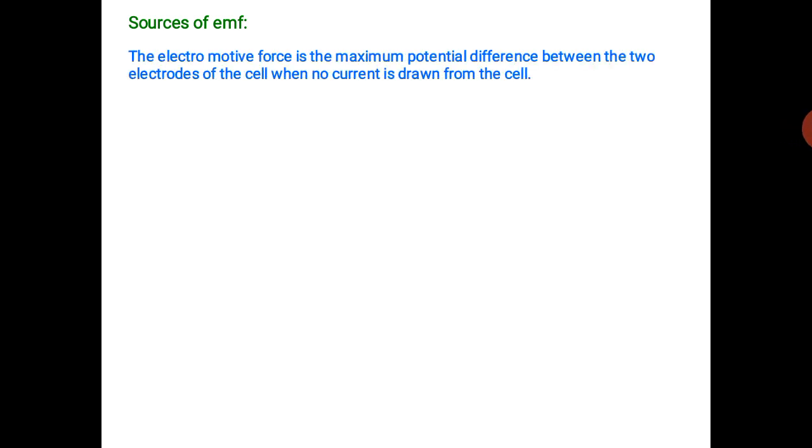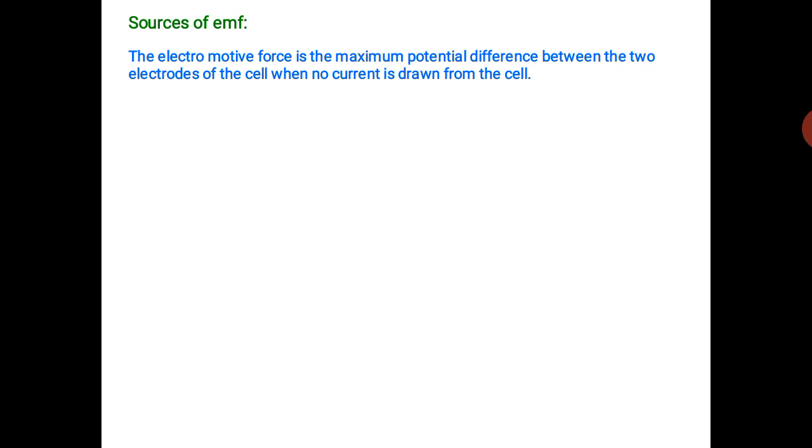Now, sources of EMF. Already all of you know, the chemical cell is a source of EMF. The electromotive force is the maximum potential difference between two electrodes of the cell when no current is drawn from the cell.